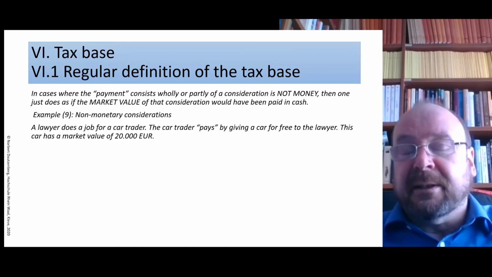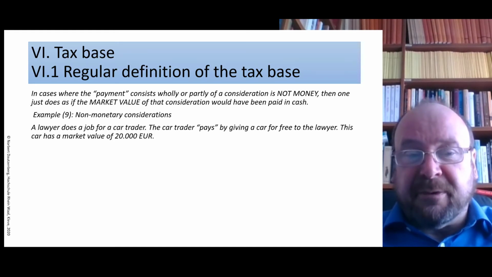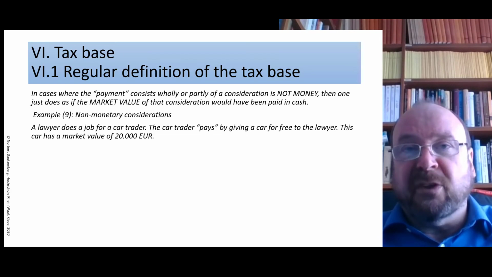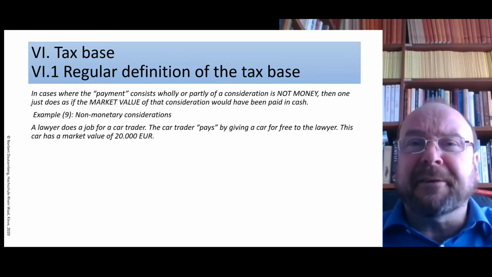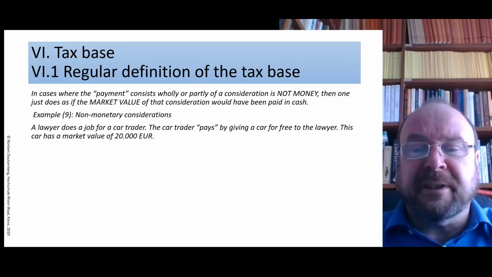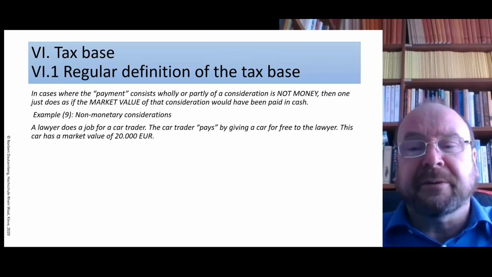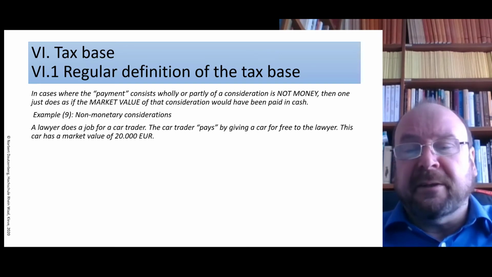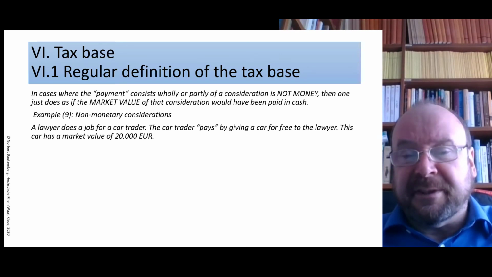So imagine a lawyer does a job for a car trader, divorce or setting up a partnership contract or whatever else. The car trader then pays by giving a new car for free to the lawyer. And the new car has a market value of 20,000.